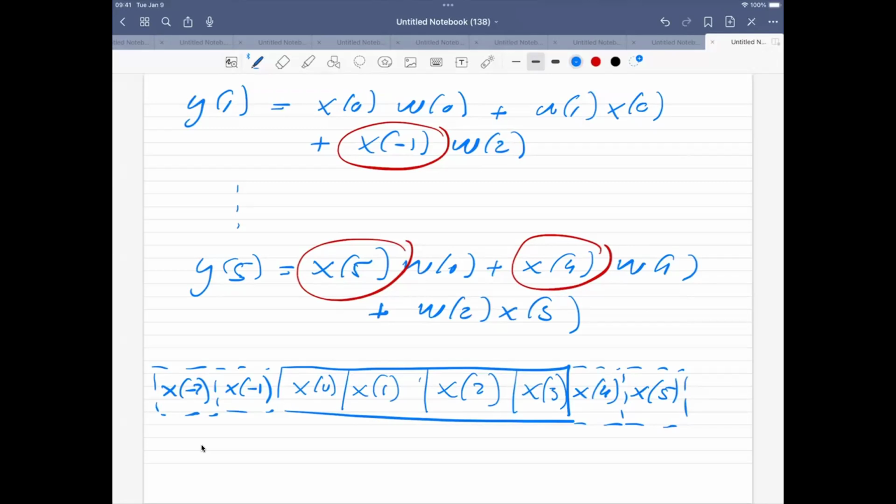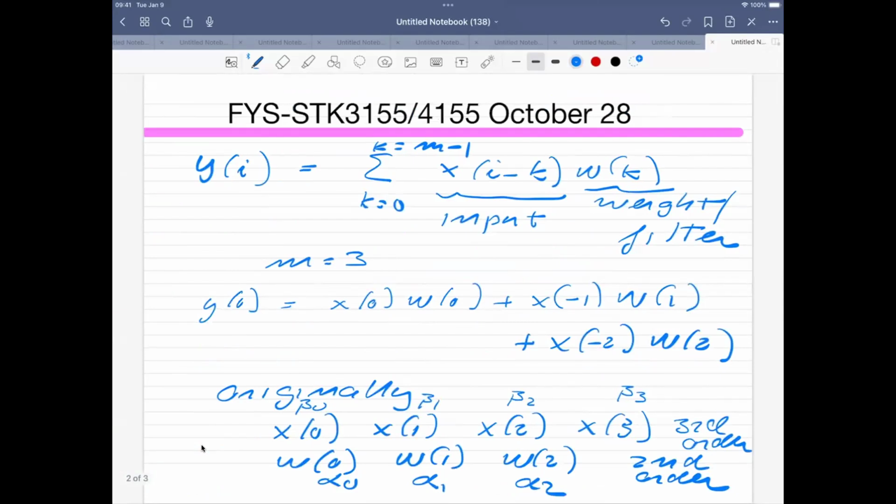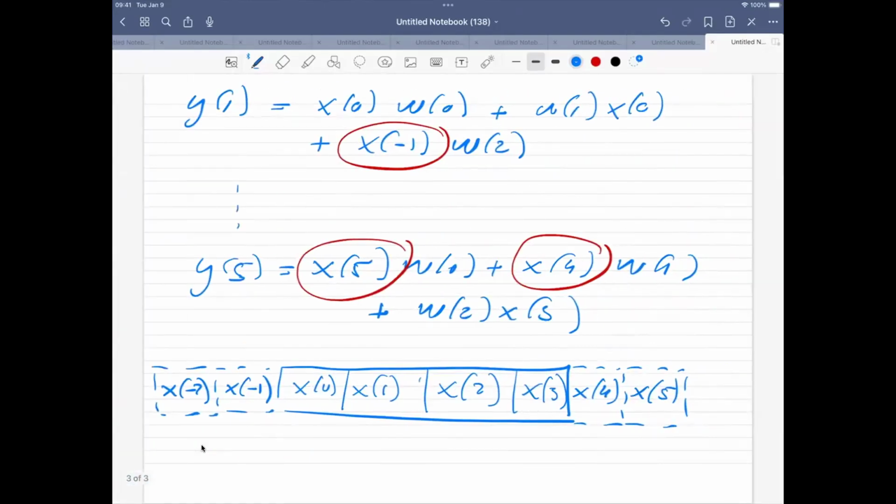So instead of having a function which is defined as the one you see here, where we simply sum up to k equal m minus 1, which is the degree of the lowest polynomial in this case, and we have a sum where x is defined by i minus k, then we could now simply redefine this.